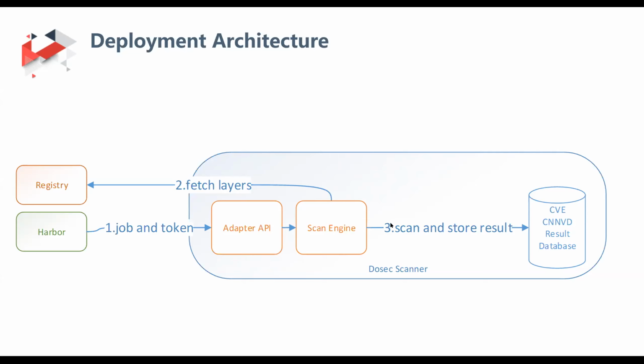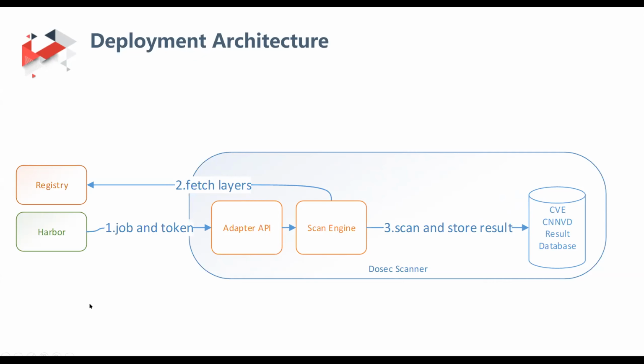And third, it scans the image and stores the result in the database. This database contains three types of data: CVE, CNVD, and the scan result. By the way, CNVD is short for China National Vulnerability Database of Information Security.